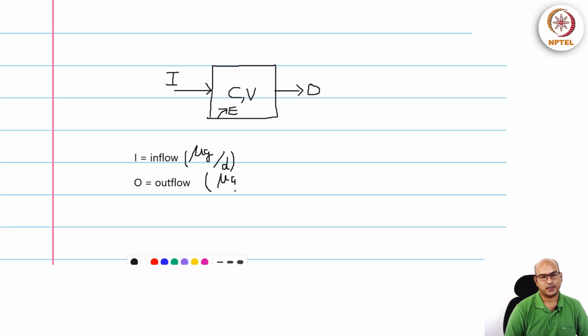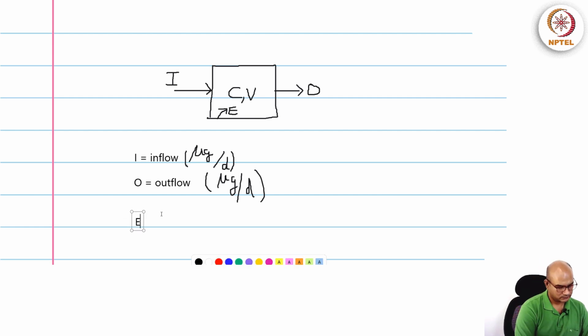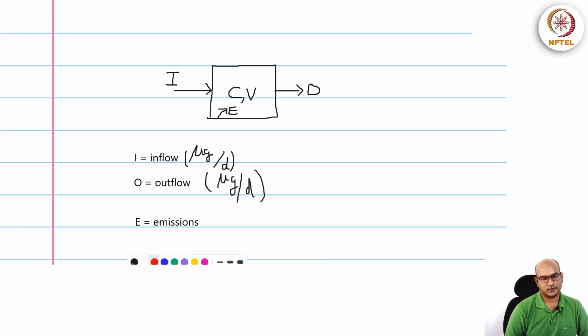O is outflow, again in micrograms per day. E is emissions, and again micrograms per day.